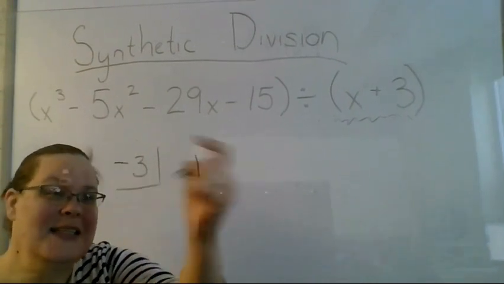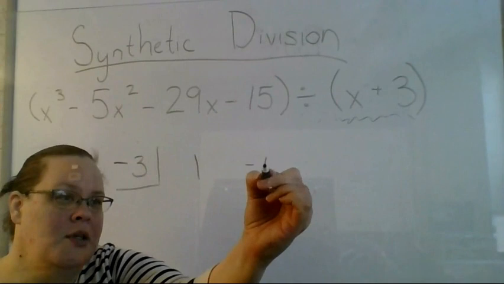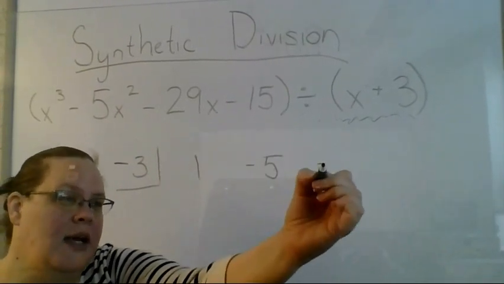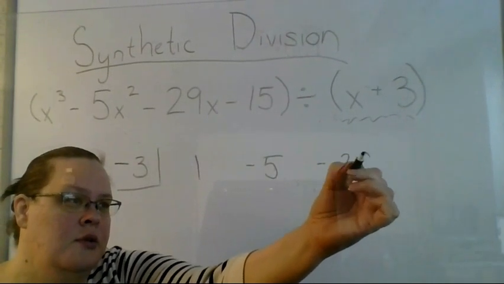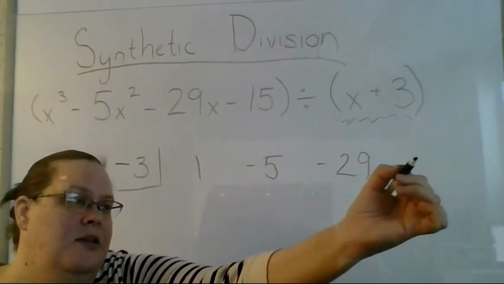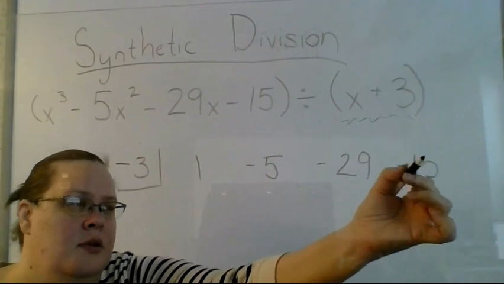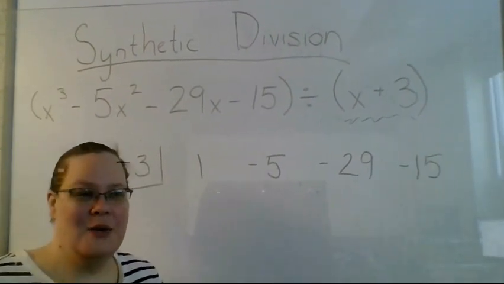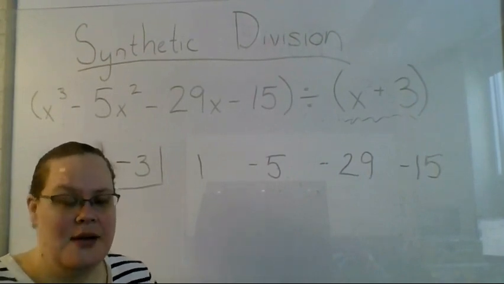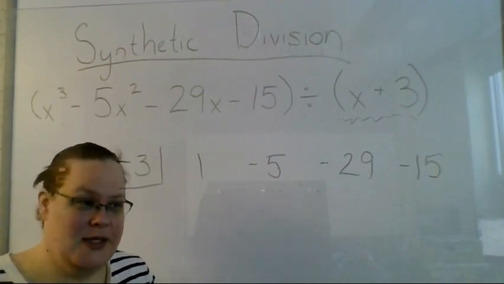This is a -5, a -29, and a -15. You'll notice that when I divide with this method, I'm not going to have any of the variables or any of my exponents in there.